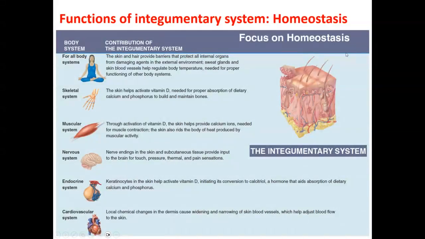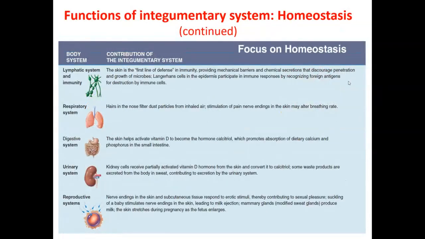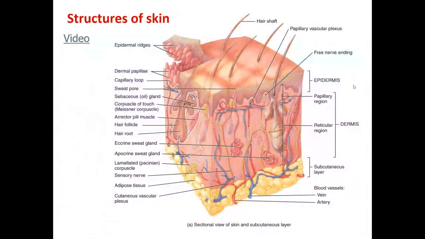Okay, this is just telling us how the skin contributes to homeostasis of other organ systems. So here's again a nice diagram of skin, the epidermis on top and the dermis below that, and where they connect is this wavy boundary between the epidermis and the dermis.